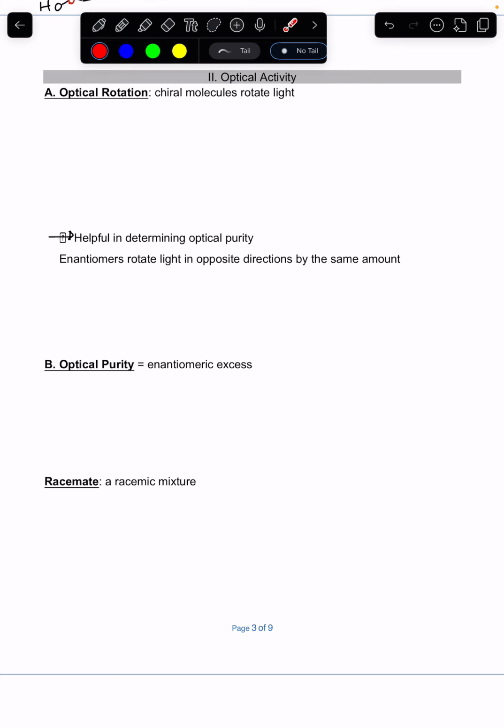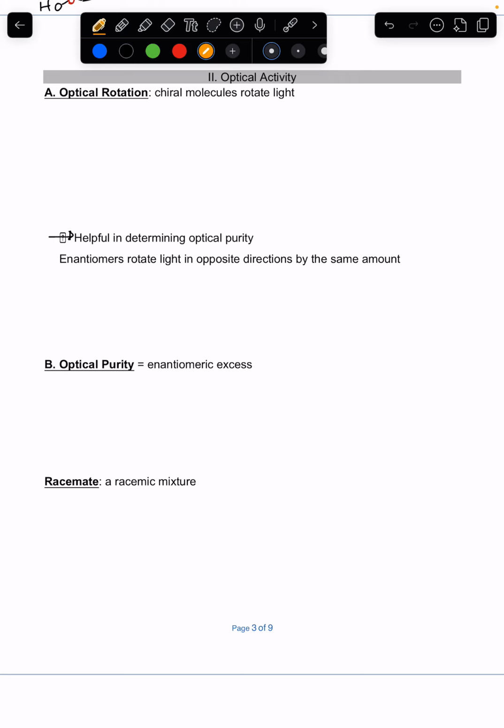But if you have a pure substance, pure chiral molecules, and no other contamination, those chiral molecules, because of their handedness, can rotate the light in a particular direction, and that's what we call optical rotation.